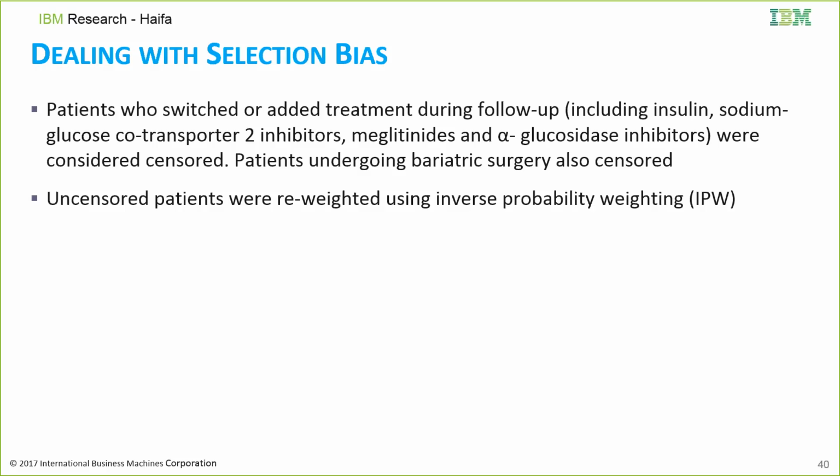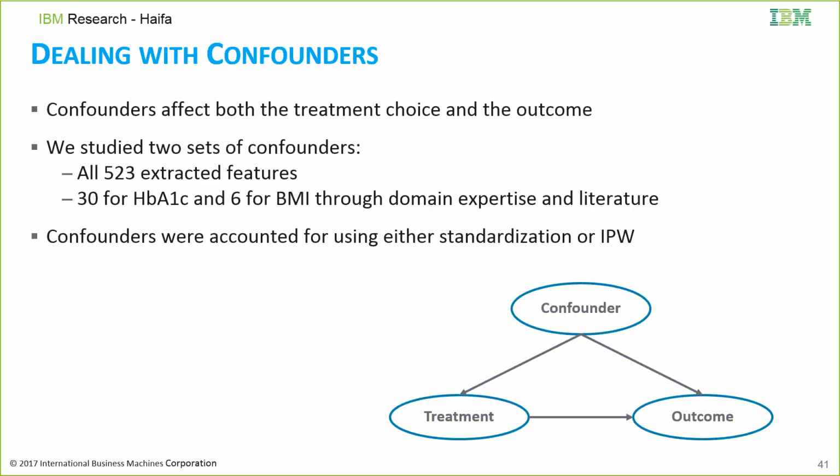So here we address the selection bias by fitting a model for the patients who were censored. This goes to your question before in the previous study. And we use it to select the set of confounders we adjust for. We actually use 2 different sets.